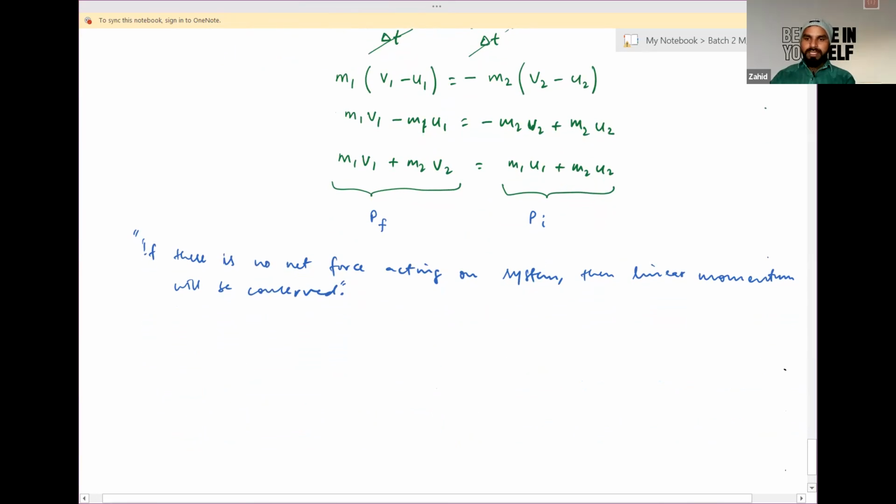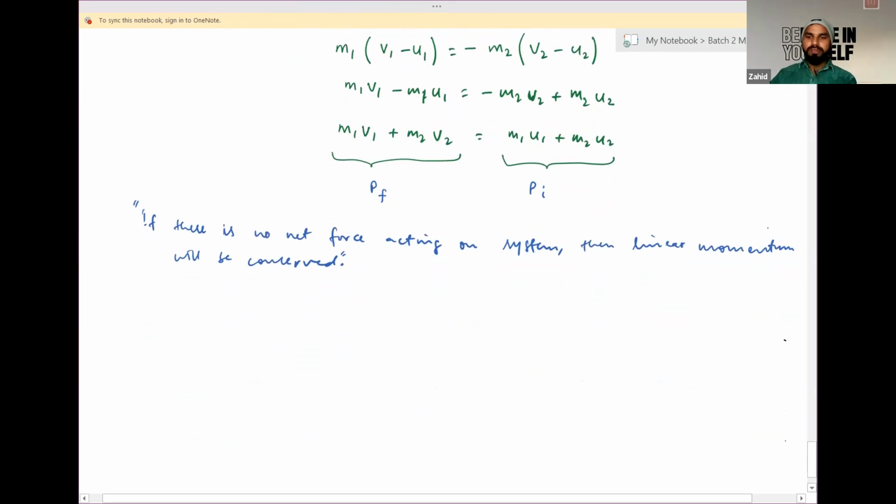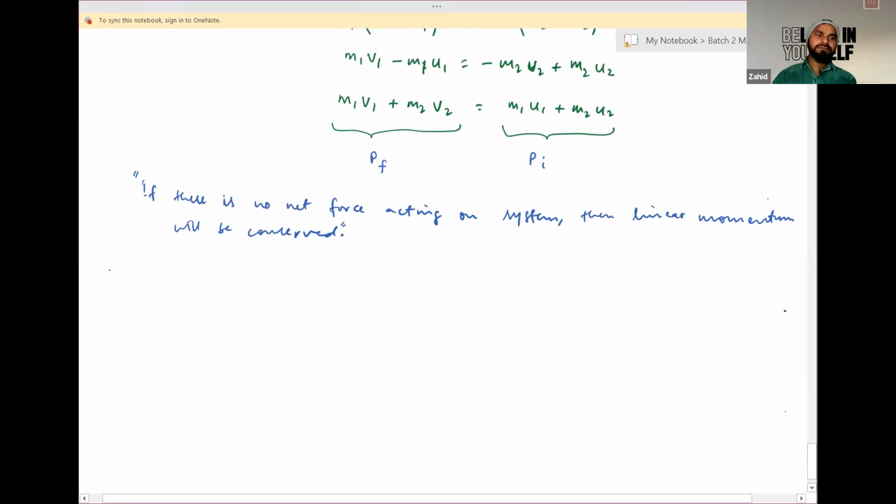Now, using this formula, we may define some problems. First is bullet and gun. Suppose you have a gun and there is a bullet in it. Before firing, it will be at rest.